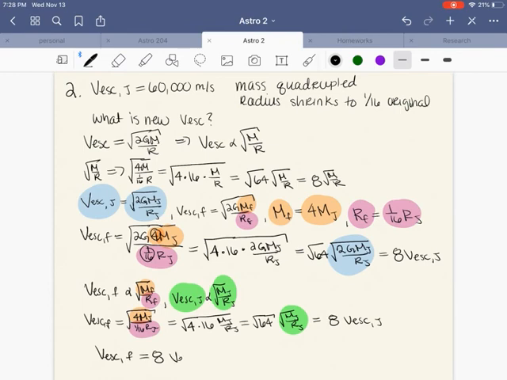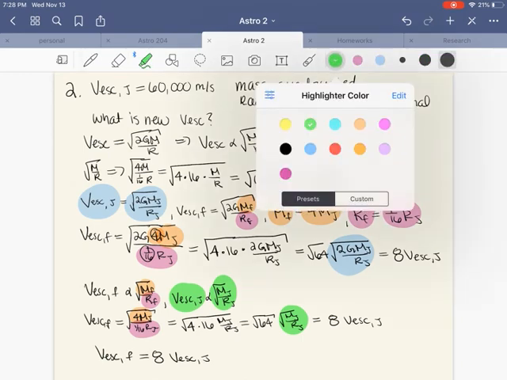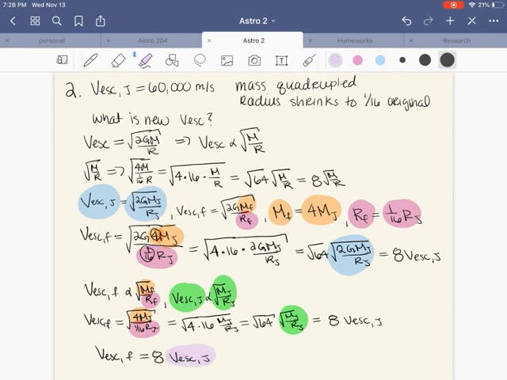But I also know from the initial part of the problem that my escape velocity for Jupiter is equal to 60,000 meters per second.